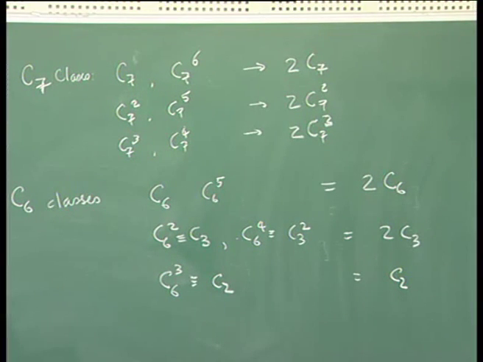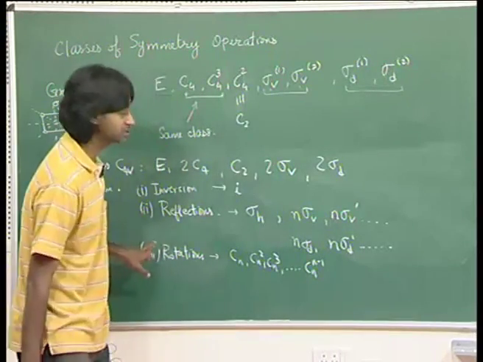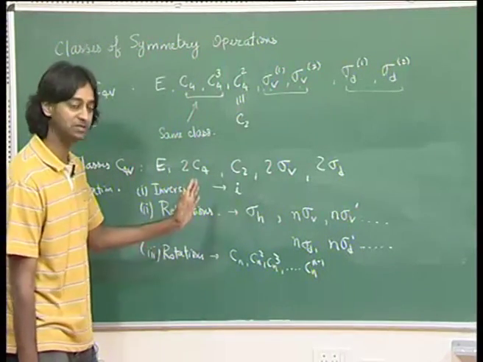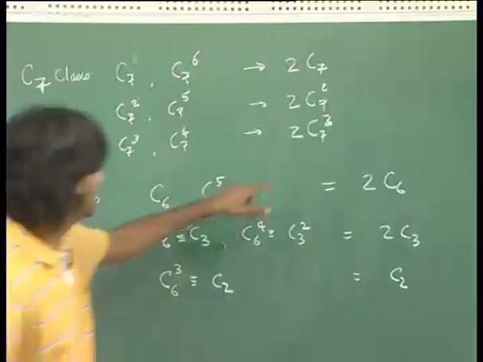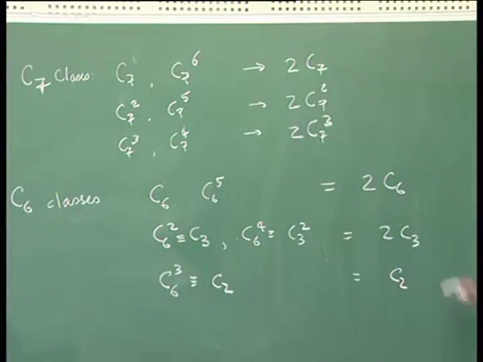So, this is the way you list the various operations, you break them into classes and then you use this notation for the classes. And just as we did for the proper rotations, you could do the same for improper rotations.